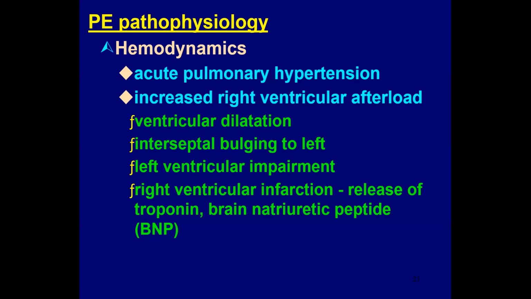Because of the high pressure on the right, the ventricular septum bulges to the left, and this causes left ventricular impairment. A right ventricular infarction can occur, and with the infarction of the right ventricle, there is release of troponin and BNP, brain natriuretic peptide.